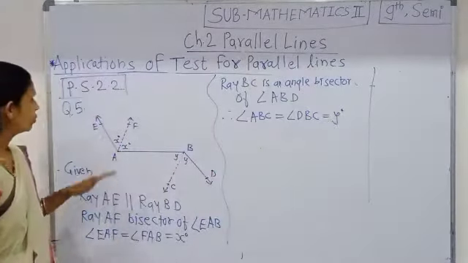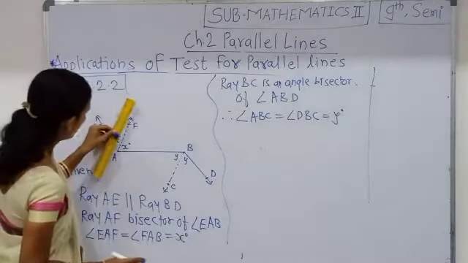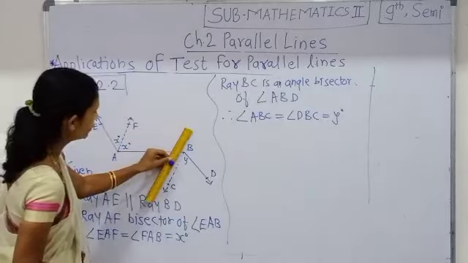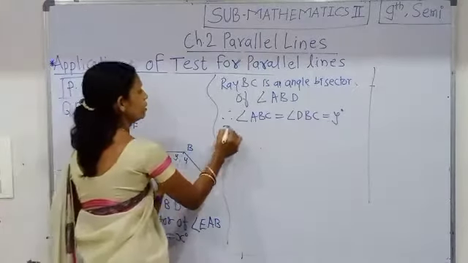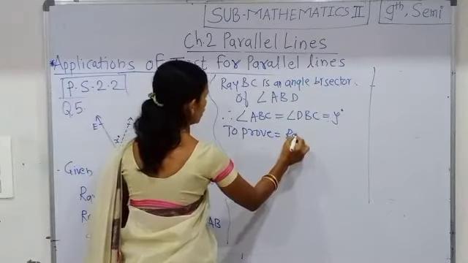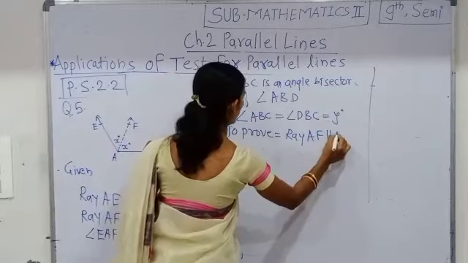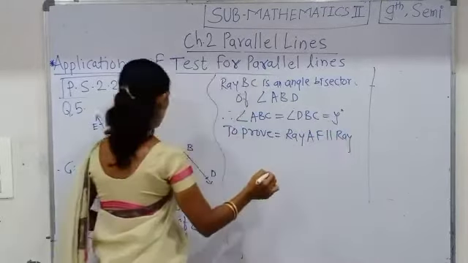Then we have to prove that AF is parallel to BC. That is, ray AF is parallel to ray BC.